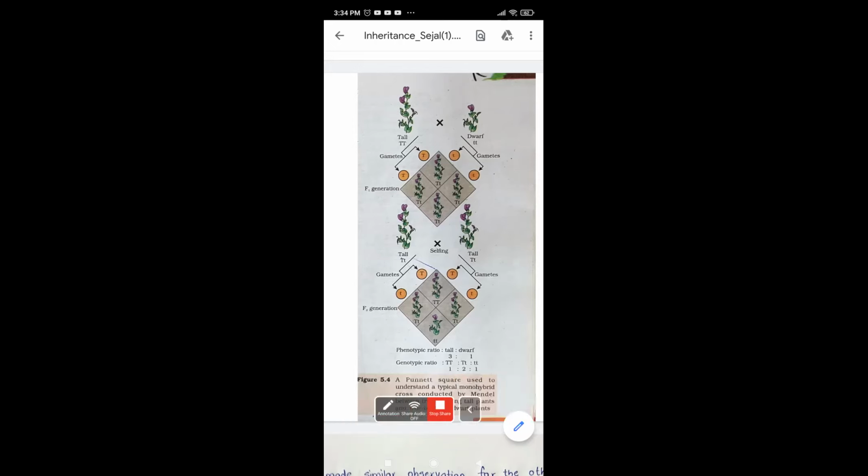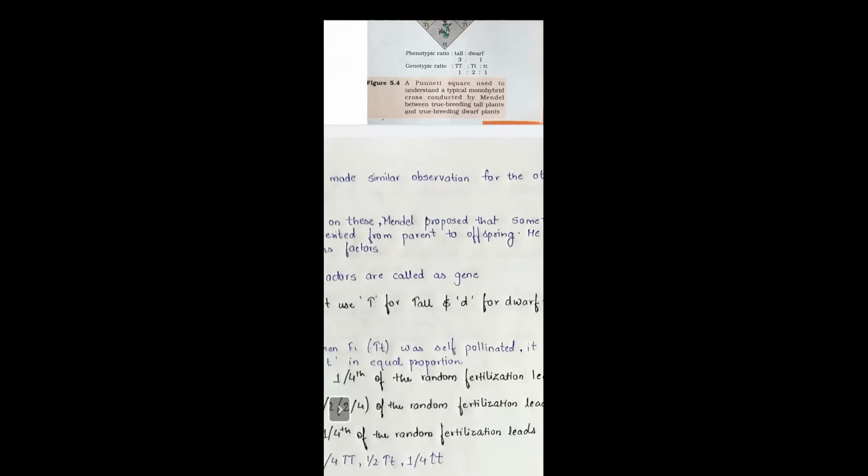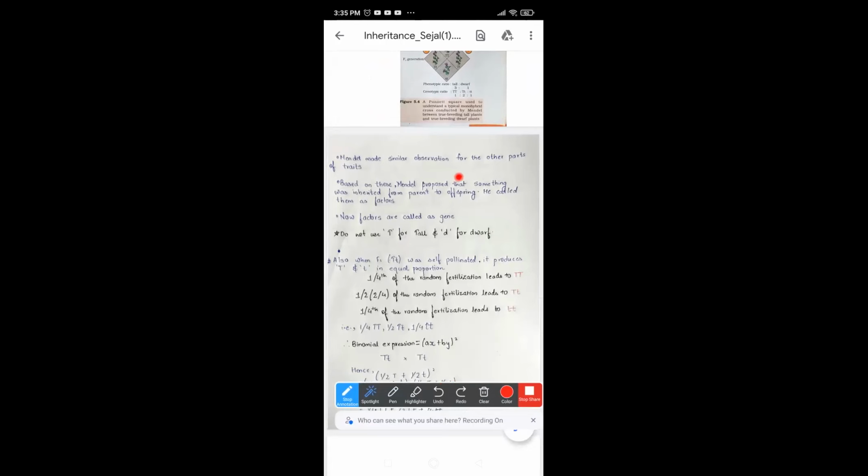Mendel conducted similar experiments on another plant having different contrasting traits. Mendel made similar observations for the other traits too.